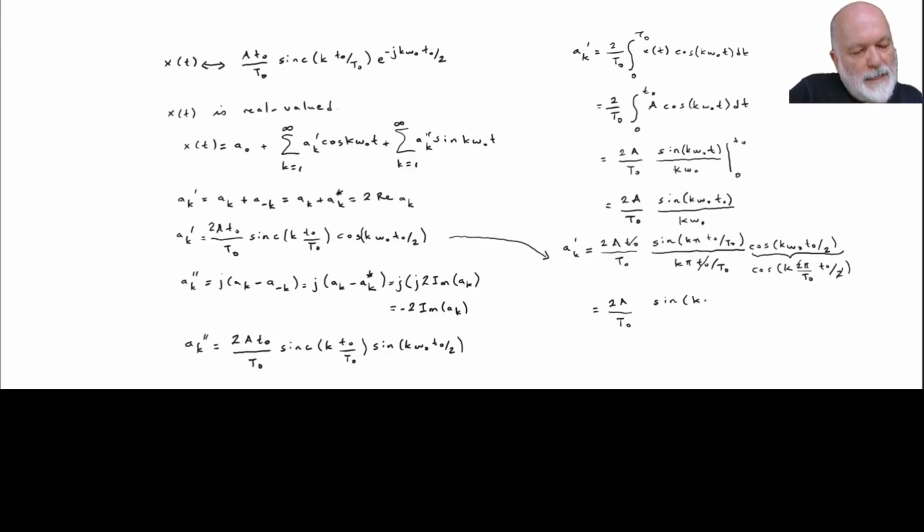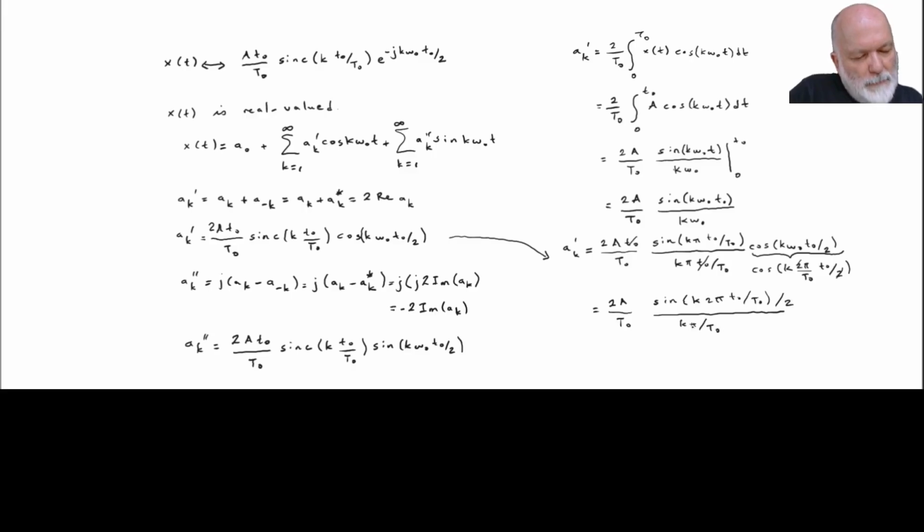So sine k 2 pi t0 over capital T0, divided by 2, divided by k pi over T0.